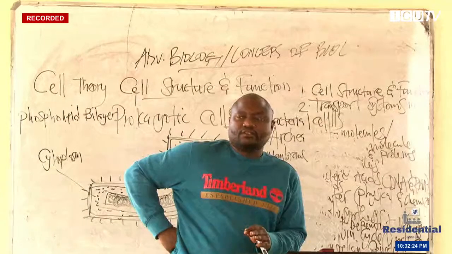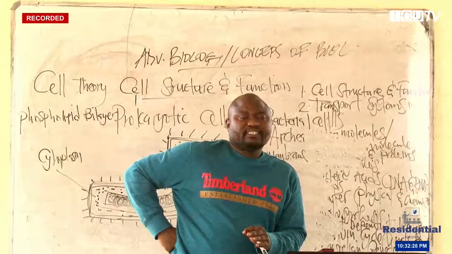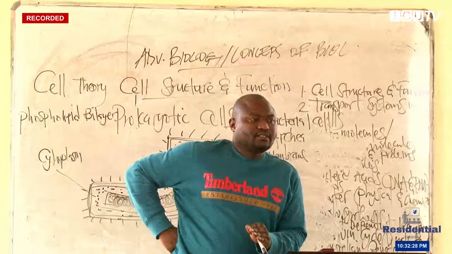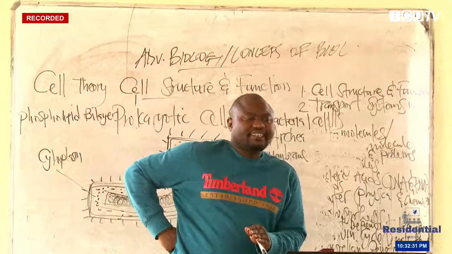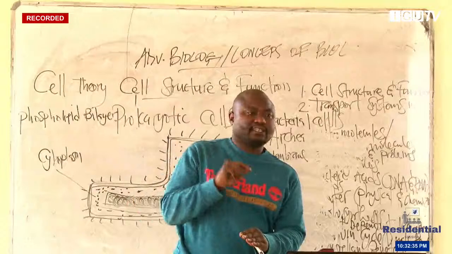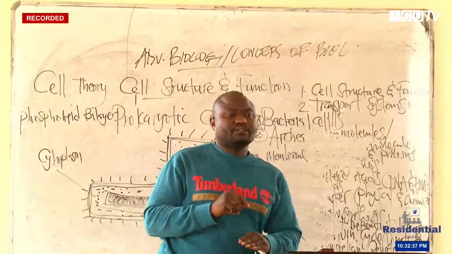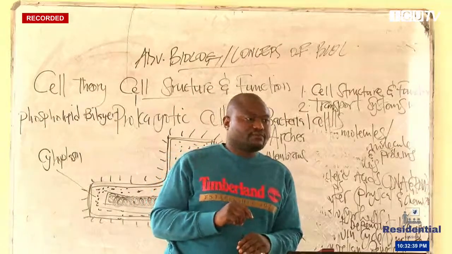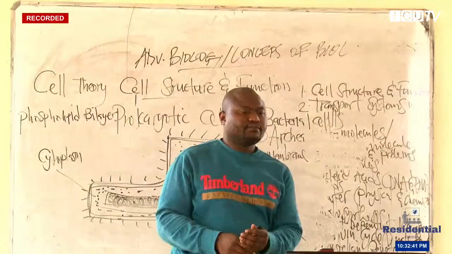So basically the cytoplasm is a gel-like fluid that is found inside of a cell. In this case, we are talking specifically about the prokaryotic cell, to be precise, a bacterial cell.